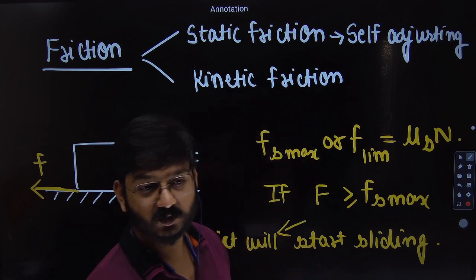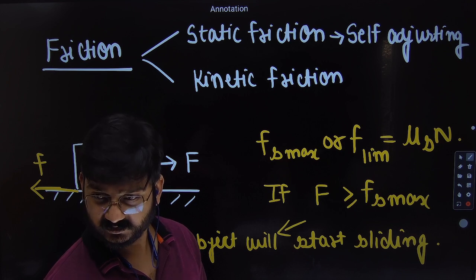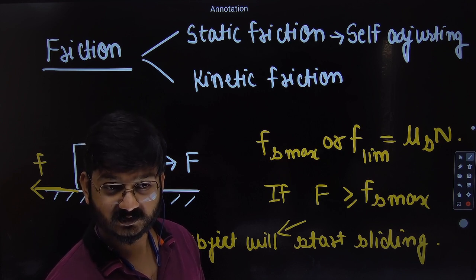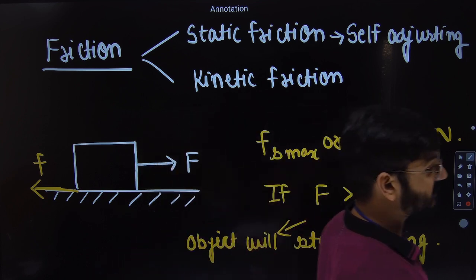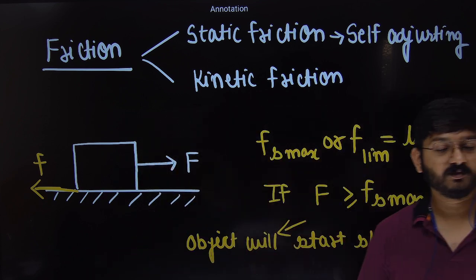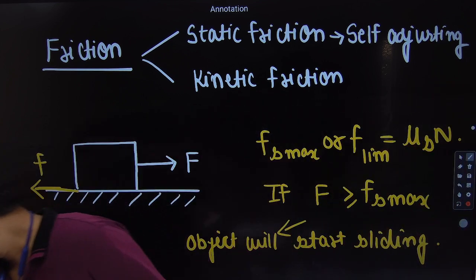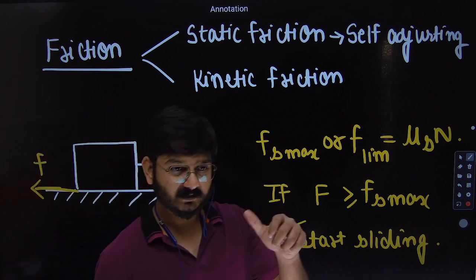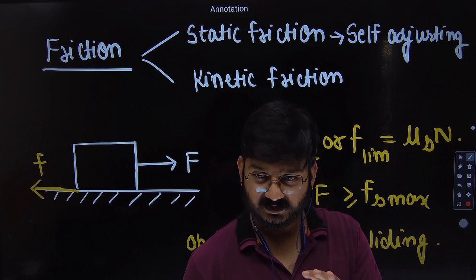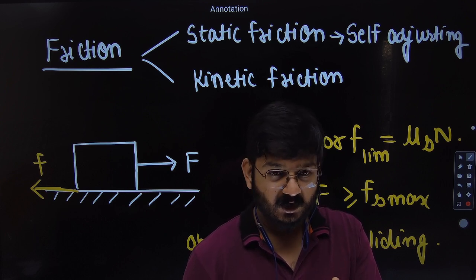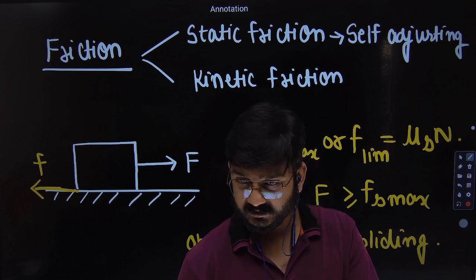When you are writing on the notebook, movement is there. What is the friction? Kinetic. Many examples, you know all the examples. Have you heard of this word called slipping or sliding? Sliding or skidding or slipping.